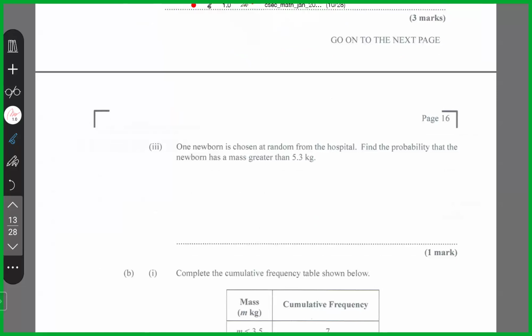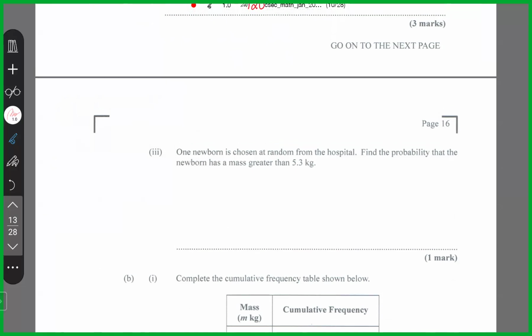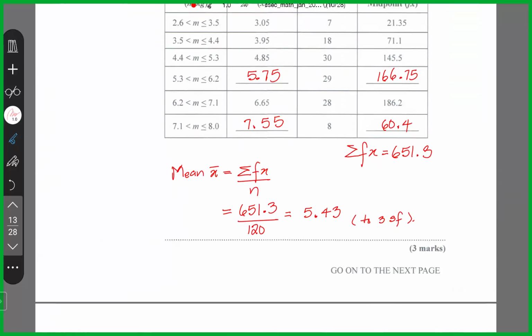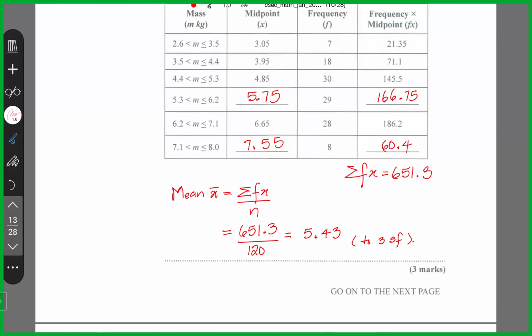Now, one newborn is chosen at random from the hospital. Find the probability that the newborn has a mass greater than 5.3 kilograms. So let's have a look at the table and determine how many newborns have a mass greater than 5.3 kilograms.